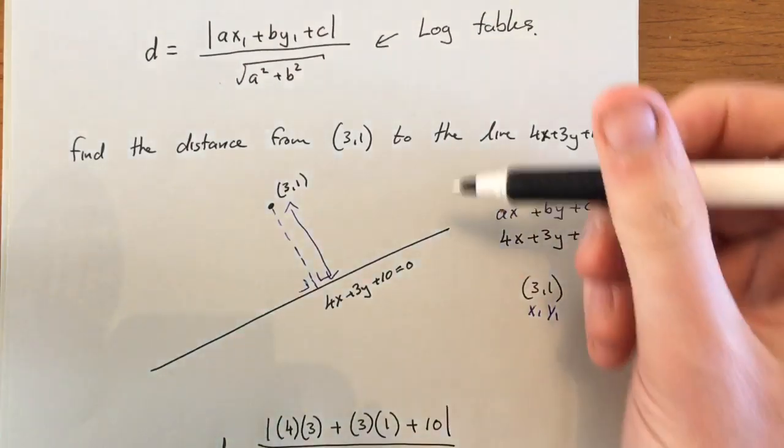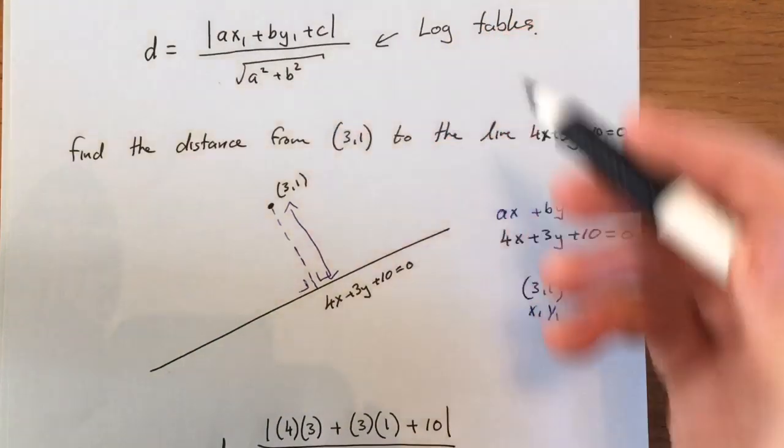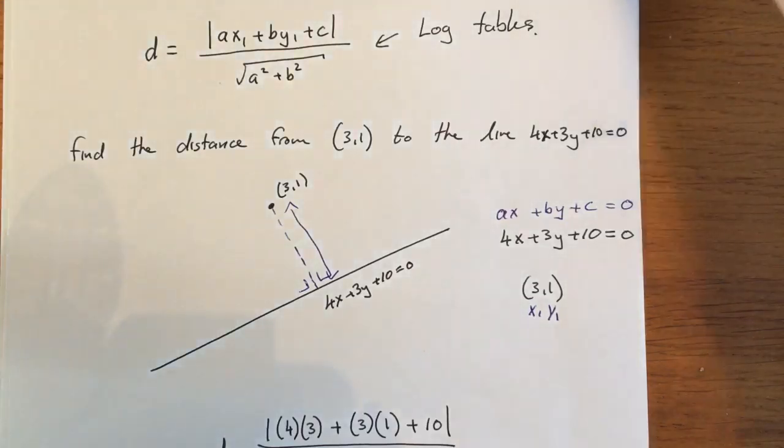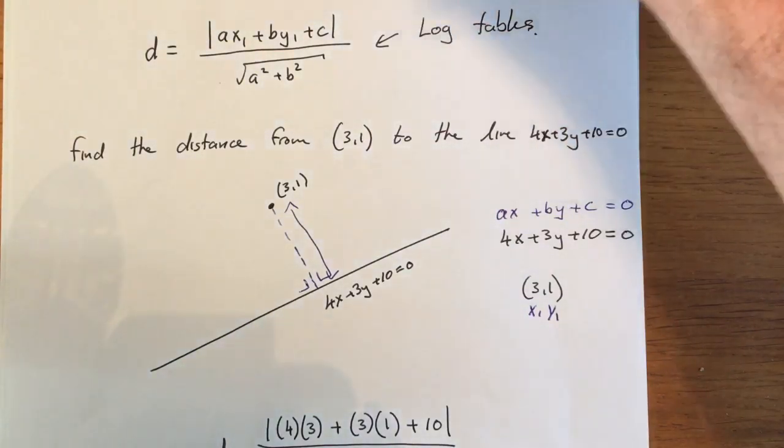And if you look at our formula, it is the square root of a squared plus b squared, so that is going to be 4 squared plus 3 squared. And then you just calculate this out, and that will give you our answer.